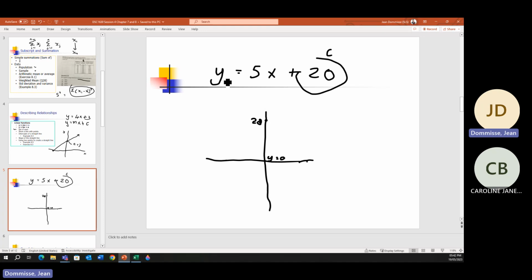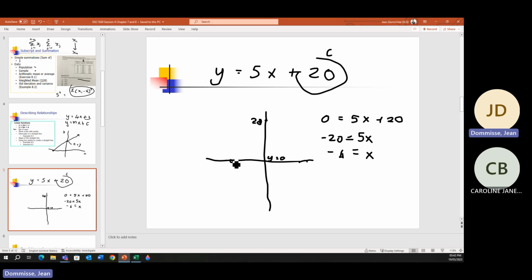So I can replace in my straight line, I can say, okay, where y is equal to 0, it must be 5x plus 20. So where y is equal to 0, 5x will be equal to minus 20. So still where y is equal to 0, my x will be equal to minus 4.